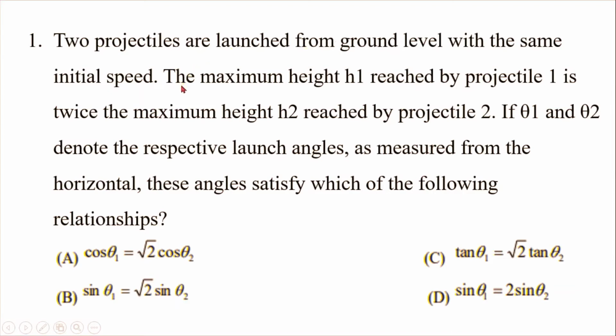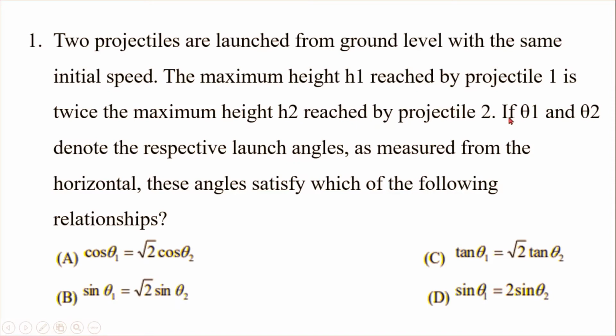Let's come to the second statement of the problem. It says the maximum height h1 reached by projectile 1 is twice the maximum height h2 reached by projectile 2. This means h1 equals 2 times h2.